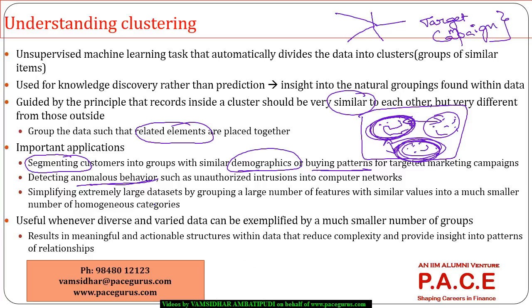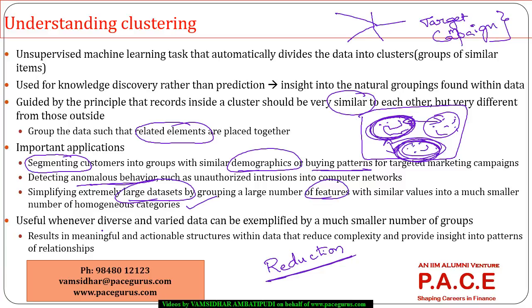And if I have a large data set with a huge number of values, we can group all those features and reduce the number of categories for this particular data. So for the whole dimension reduction, the data reduction, I can use cluster analysis also.